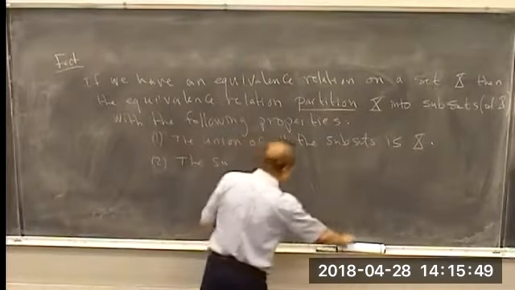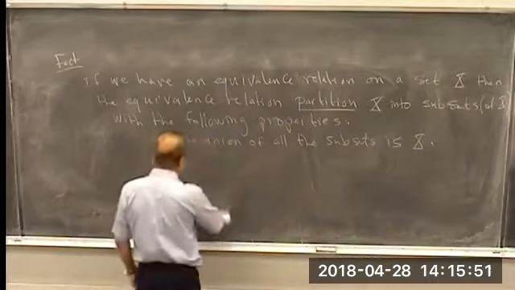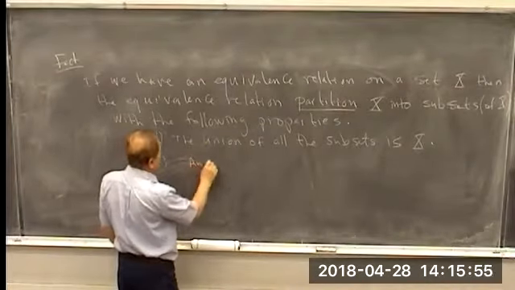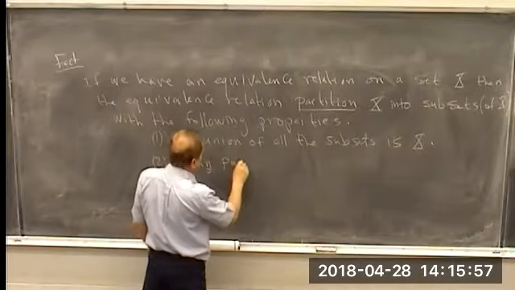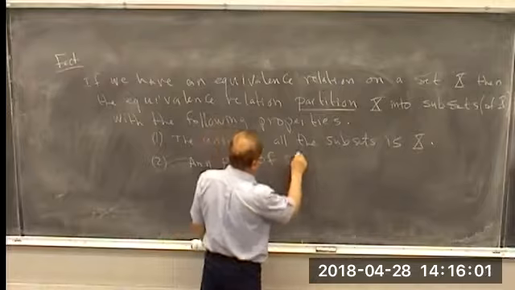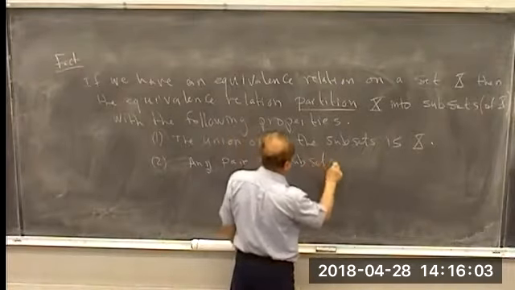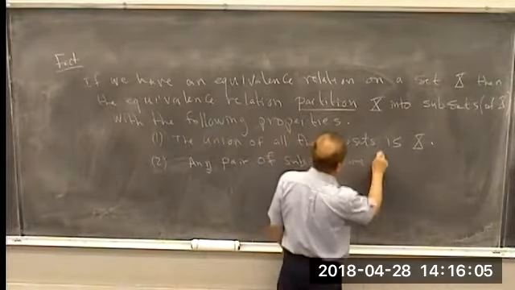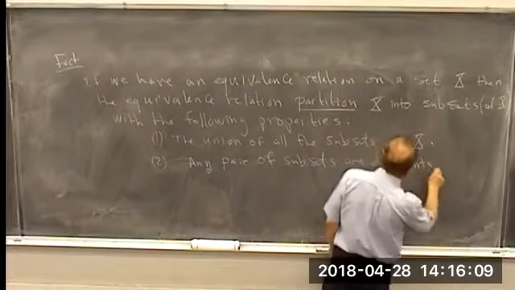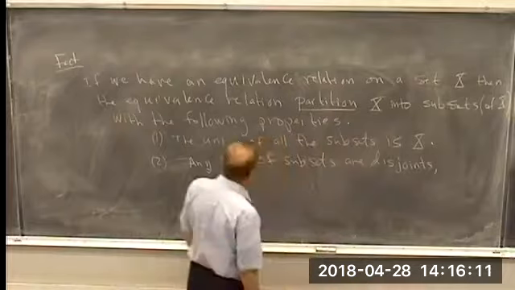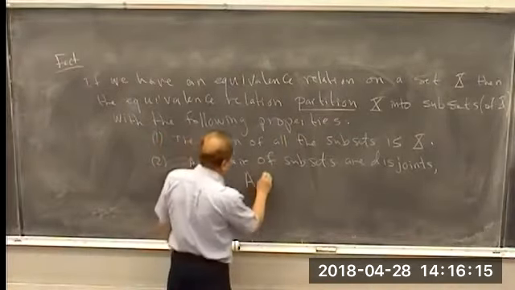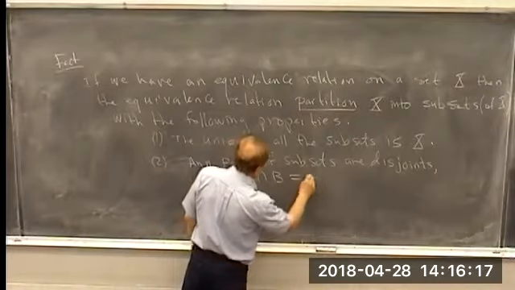Any two of the subsets, not just all of them, any pair of subsets are disjoint. This means if you take the intersection, let's say we have an A and a B, their intersection is empty.